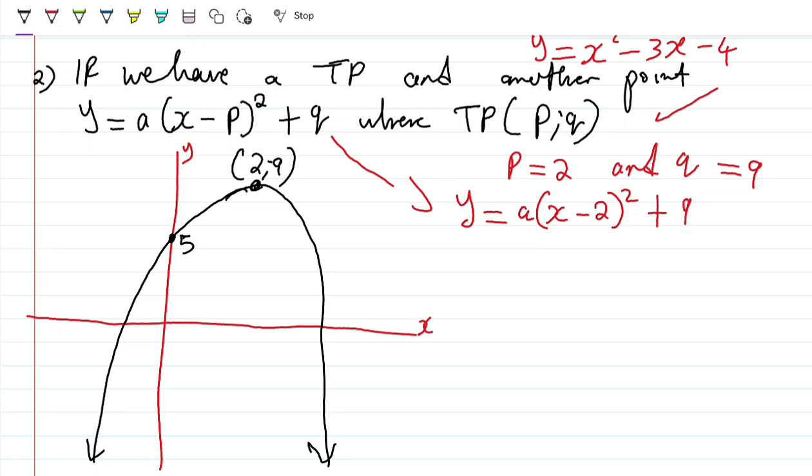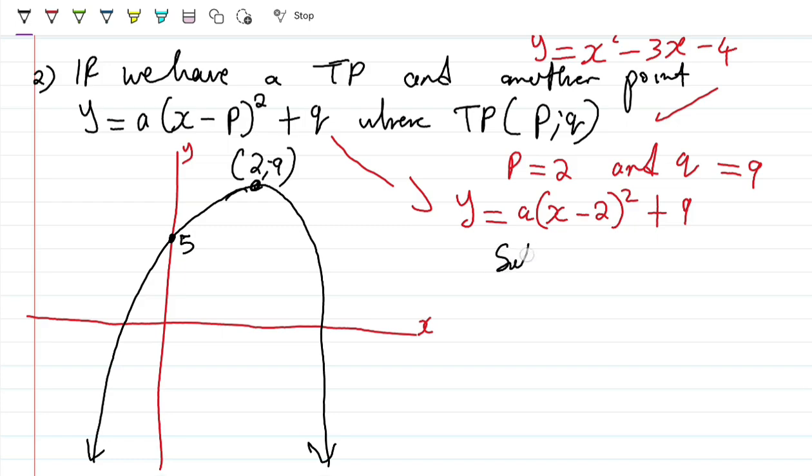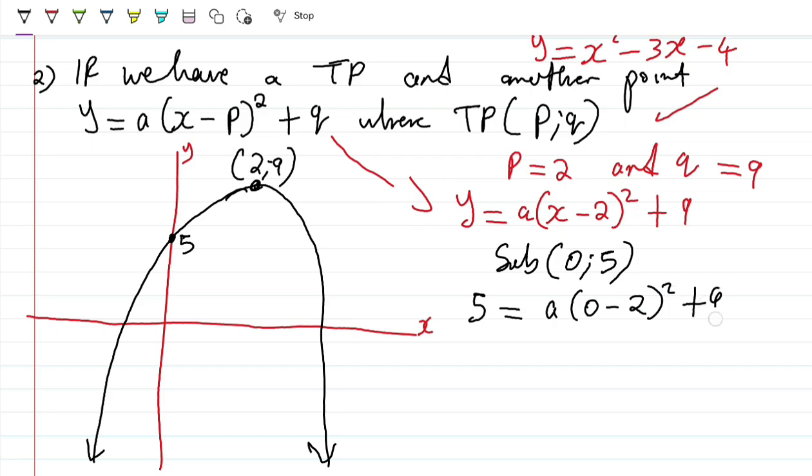From here, we need to find the value of a. For that, we need to substitute another point that we have on our graph, which is the y-intercept, (0, 5). So 5 equals a into (0 minus 2) squared plus 9.